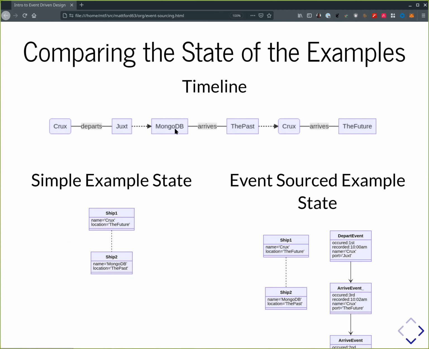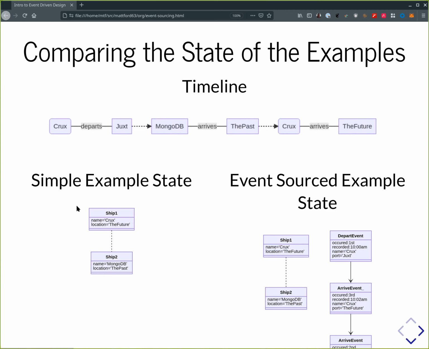Then the MongoDB ship arrives at the port in the past. And then our third event is the good ship Crux arrives at another port in the future. Thinking about it, when we're talking about events, calling ports the future and the past is perhaps not a good idea.